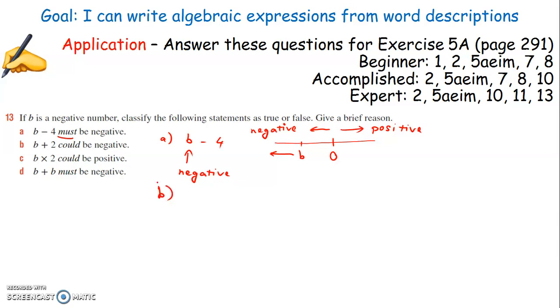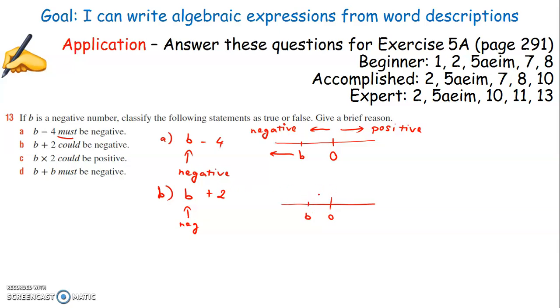Now B, say that B plus 2 could be negative. Okay, so the word here is could. What does that mean? So again, B is negative. Again, we've got a number line, and B is over here somewhere.